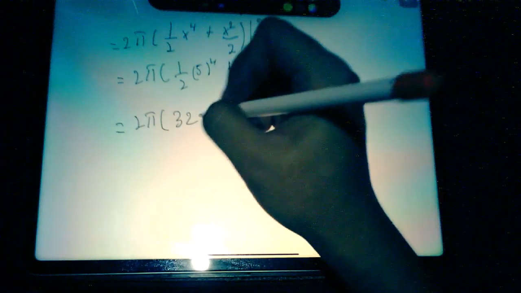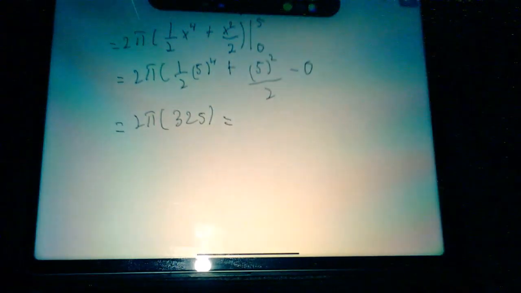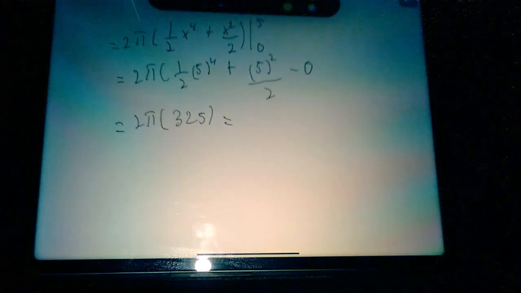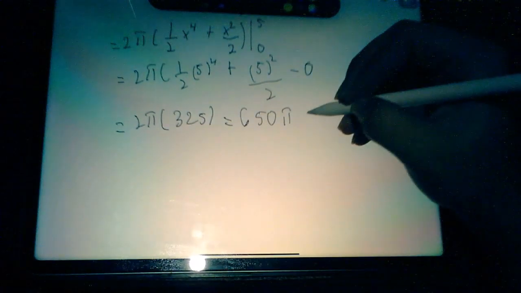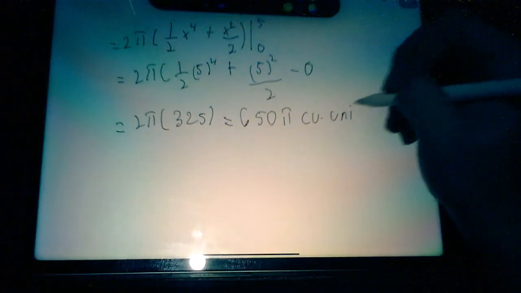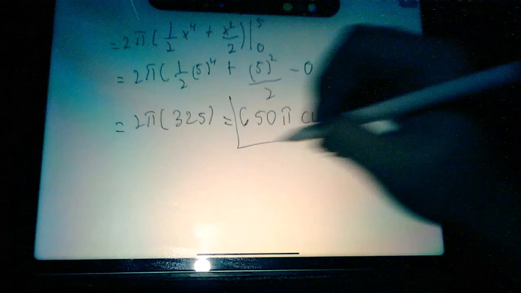So 2 pi times 325 is just equal to 650 pi cubic units. So this is our answer for our second problem under the shell method.